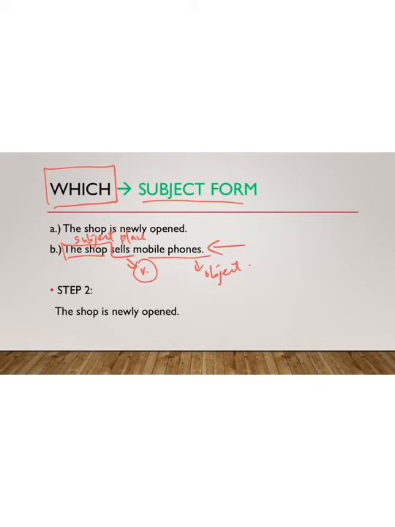So where to put the relative pronoun which? Remember, we have to put it right after the thing that we are referring to, which is the shop. That means I am going to put which here. And then you just copy and paste the remaining words in the sentence: which sells mobile phones.